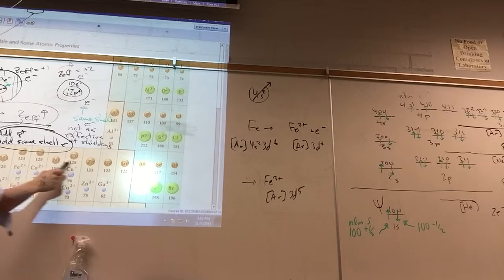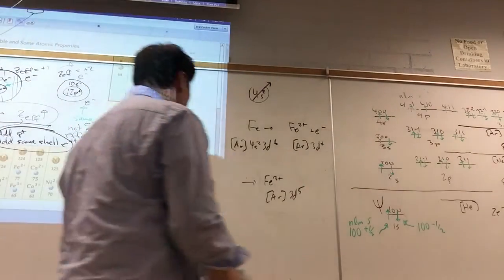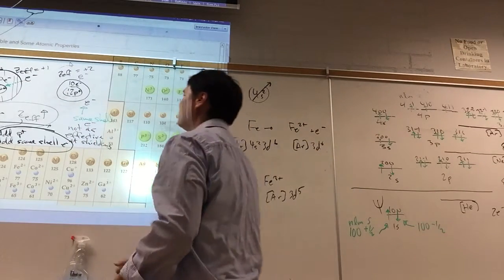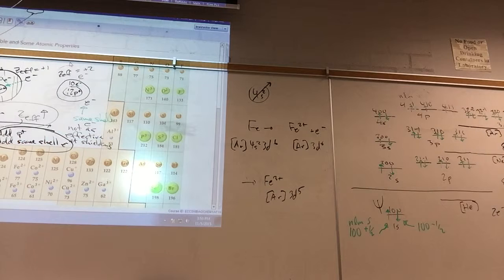The radius decreases here because we're adding protons. And those protons aren't being effectively shielded because we're adding a same shell electron.